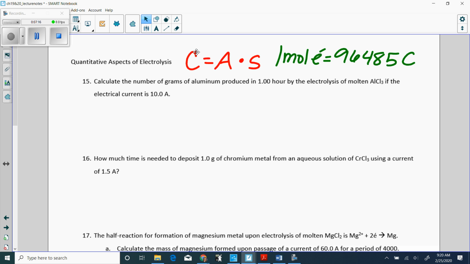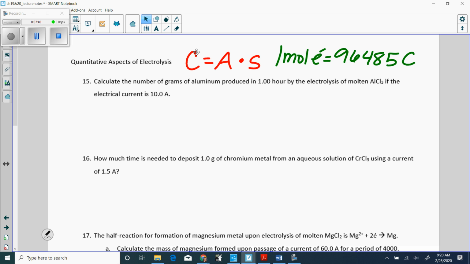Let's just write them on the top here so they're handy. A coulomb is an amp times a second. And 1 mole of electrons has 96,485 coulombs. That's called Faraday's constant, and today we're going to use it like a conversion factor. Those are things you don't need to memorize. They're all in your equation sheet that you'll always have.